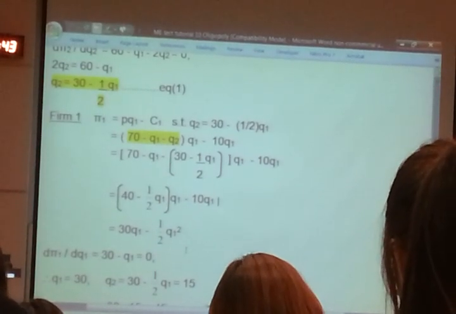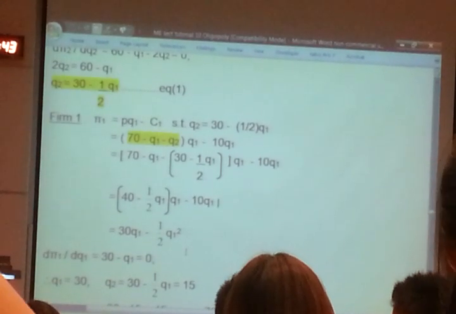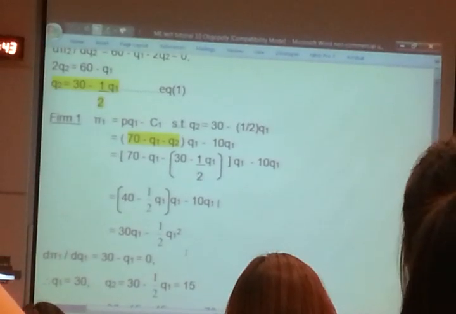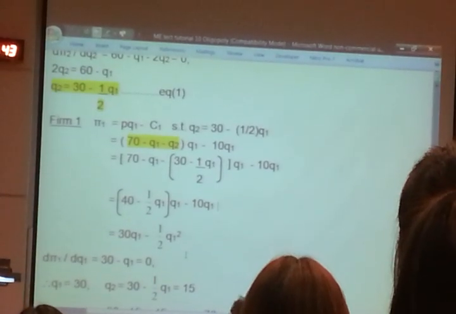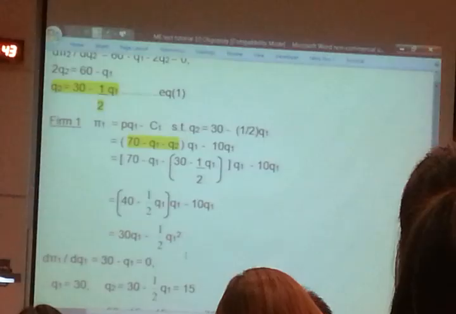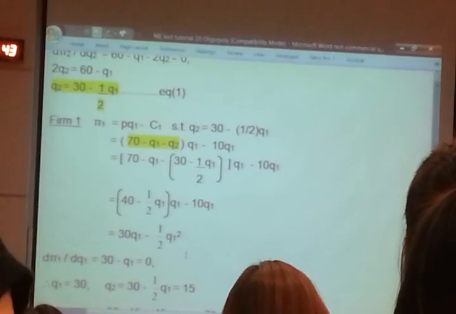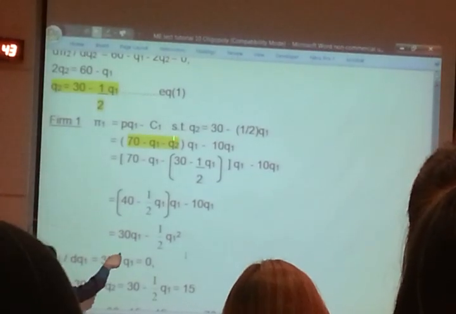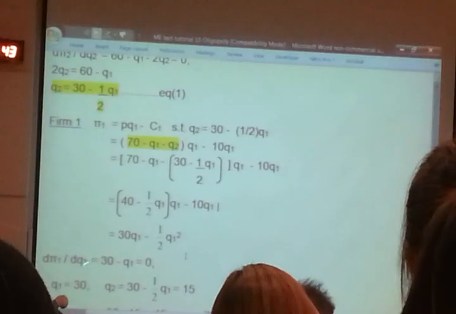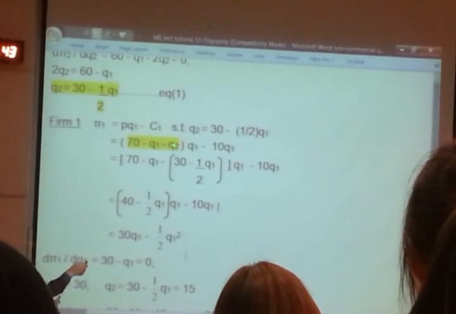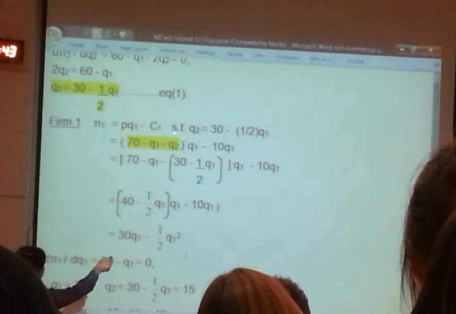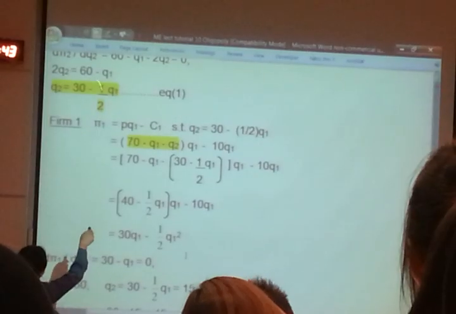Why must you be careful? Because from here, what did we say before? If you differentiate with respect to Q1, you have to differentiate this, because Q2 is a function of Q1, right?